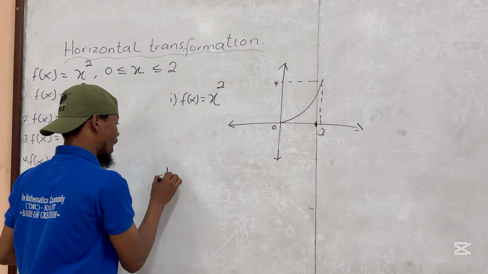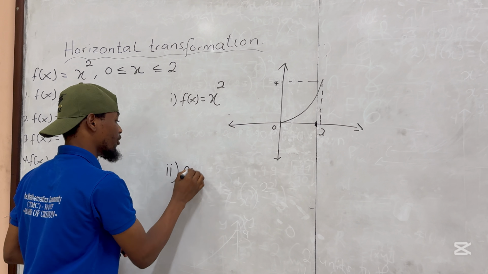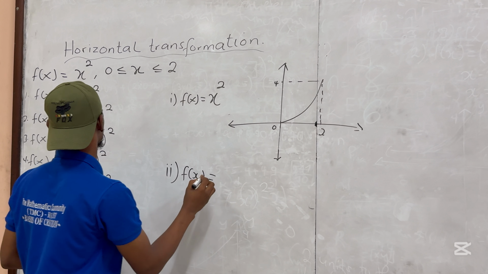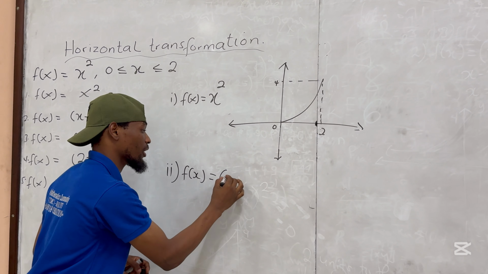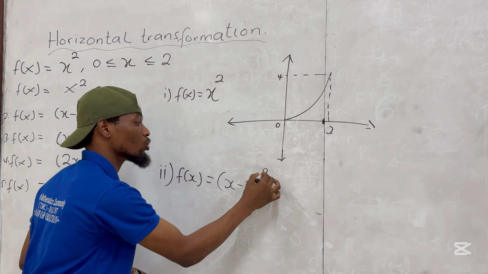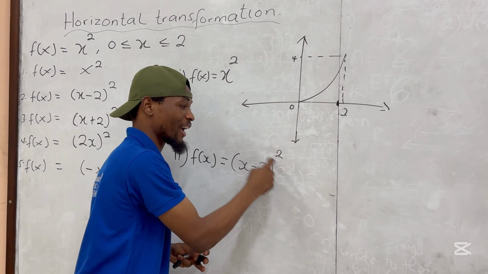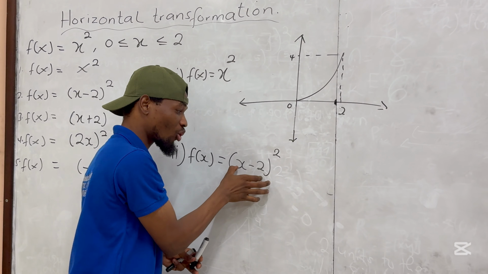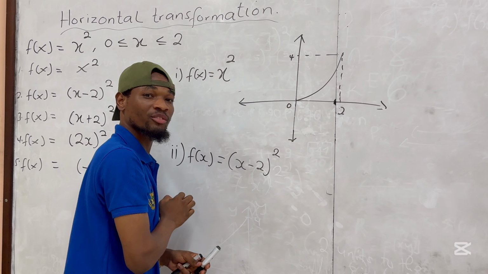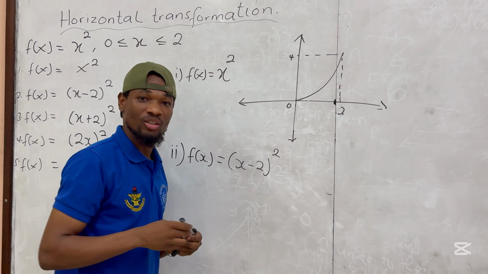So I have f of x, which is equal to the expression x minus 2 all squared. Don't be confused with this exponent, just focus on the expression over here.